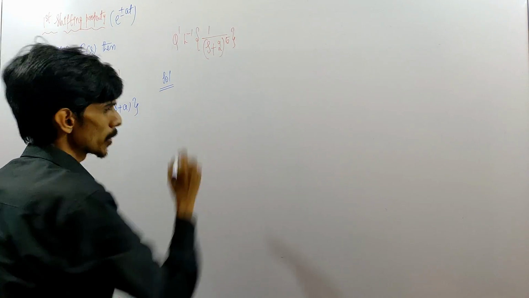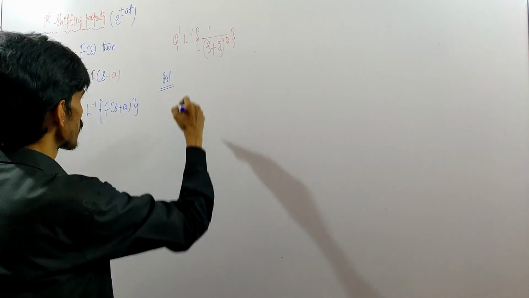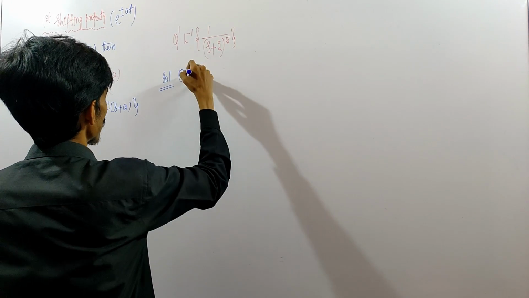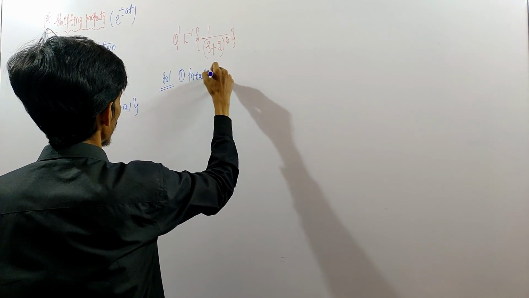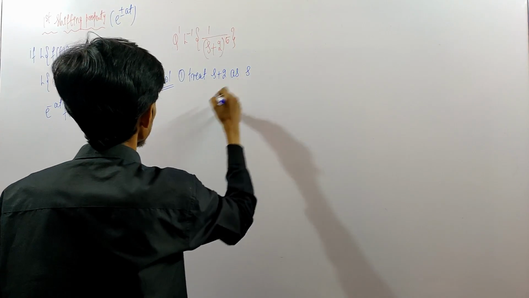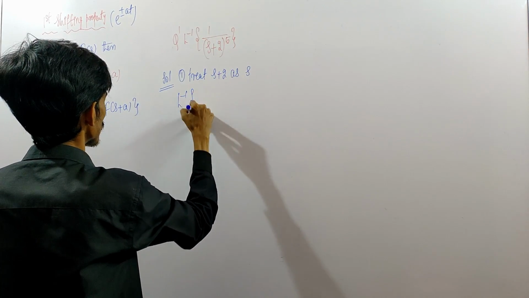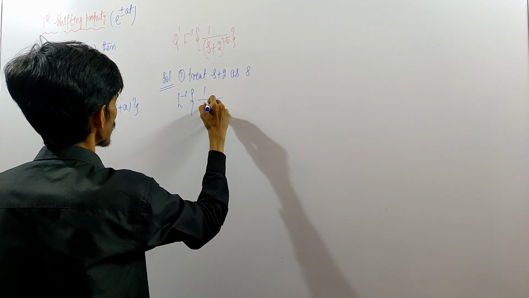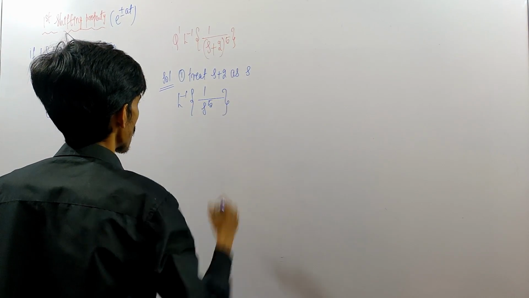Now treat this s plus 2 as s for simplicity. Step 1, treat s plus 2 as s. So it will become L inverse 1 divided by s power of 5.